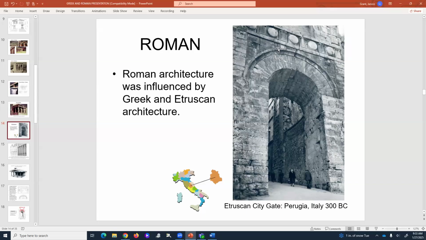Now, there was an area where Etruscans lived and the Romans took them over, conquered them. But these Etruscans originally were the ones who we find influenced the Romans, as well as the Greeks, with this huge arch, but not just the arch, it's called a barrel vault.